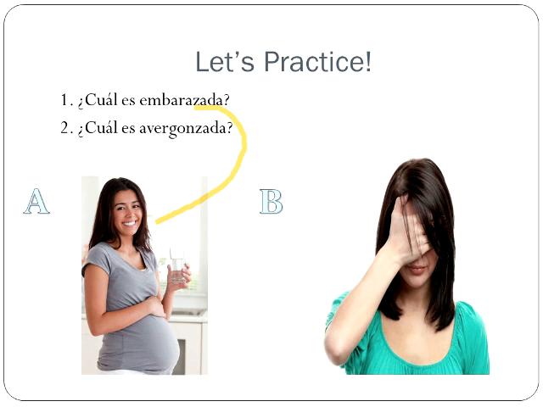Número 1 es embarazada. Okay, not embarrassed. You don't want to say the wrong one here. Y número 2, avergonzada. You're just embarrassed. You said something that you weren't supposed to say. Yeah, exactly. Like, oh man, I just said embarazada and actually meant avergonzada.